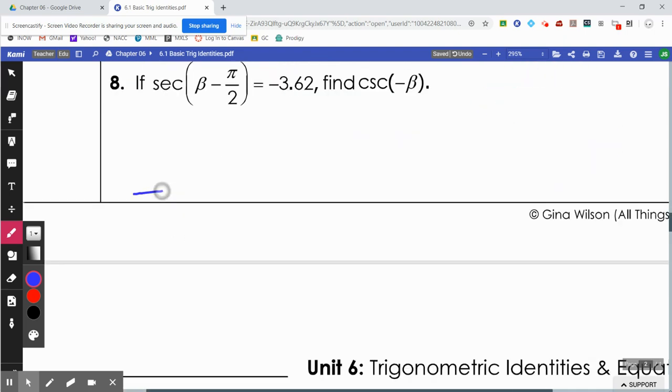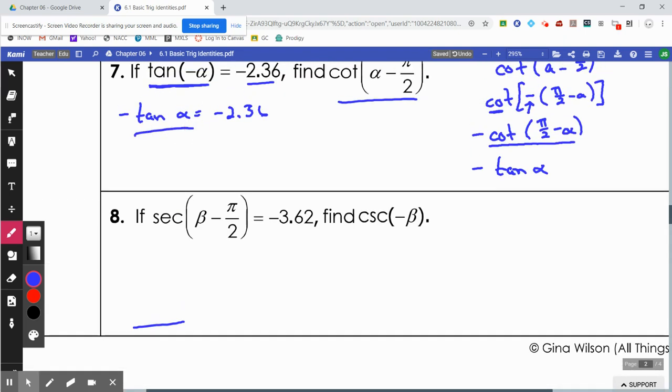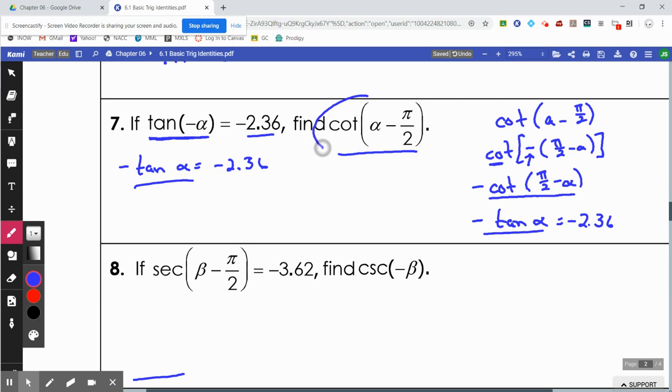And if you look, the negative tangent of alpha is actually what I'm looking for here. We know it's equal to negative 2.36. So all this working down, the cotangent of alpha minus pi over 2 was equal to this, was equal to this, was equal to this. So therefore, what we're looking for is equal to negative 2.36.